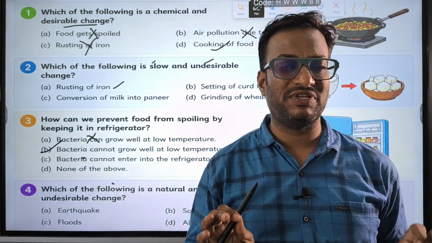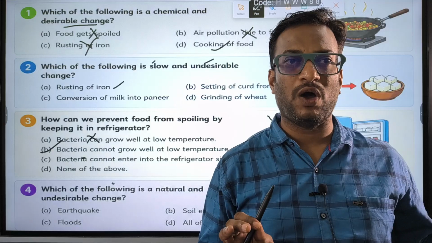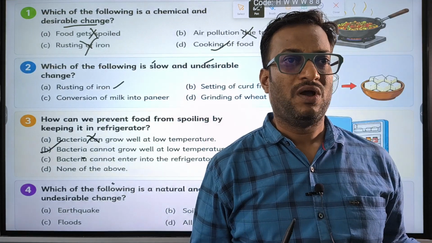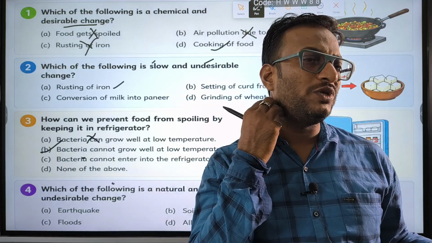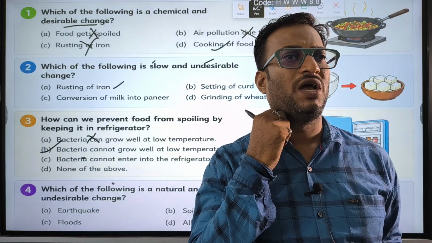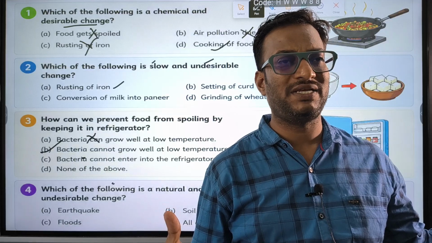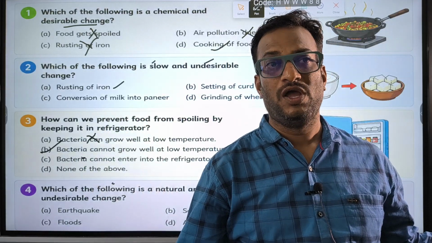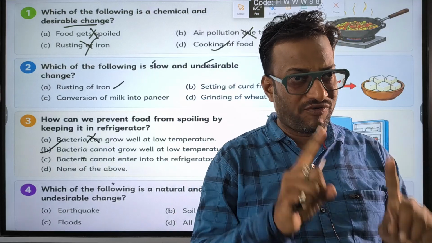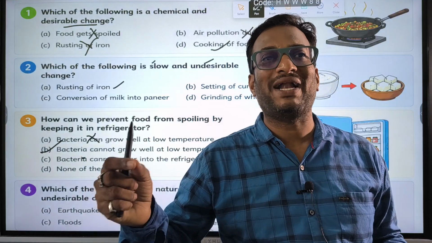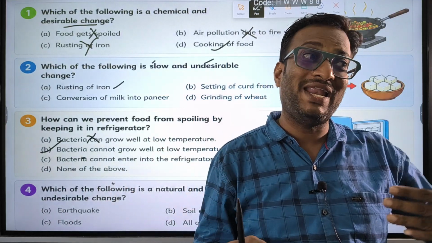What happens in the refrigerator is, we keep food outside and the same food inside. Take two different kinds of food, let us take curry in two bowls. One you keep outside and one you keep in the fridge. In both, bacteria will form, but for the one in the fridge, bacteria will form to a lesser extent.